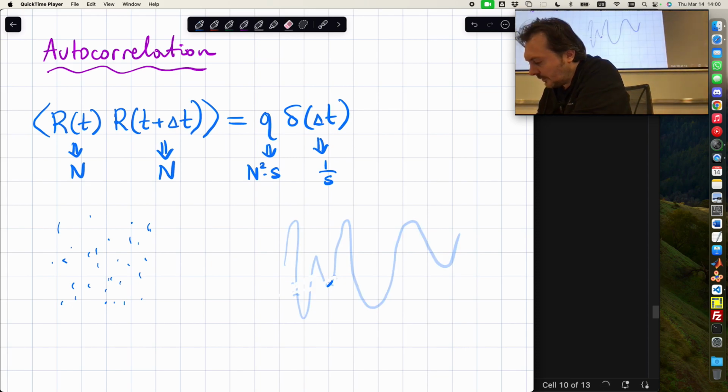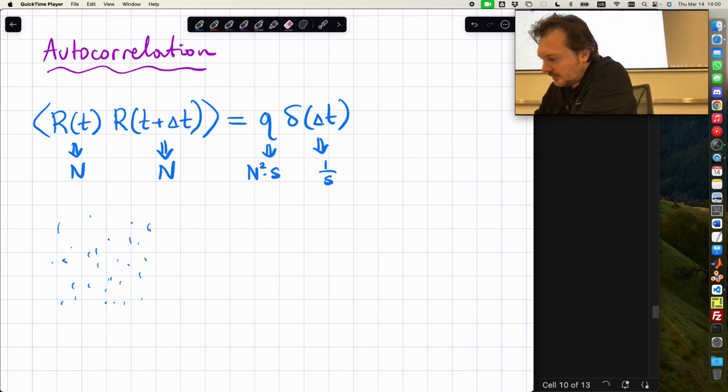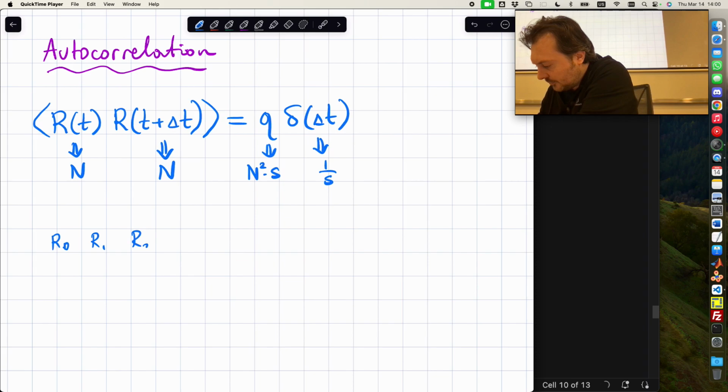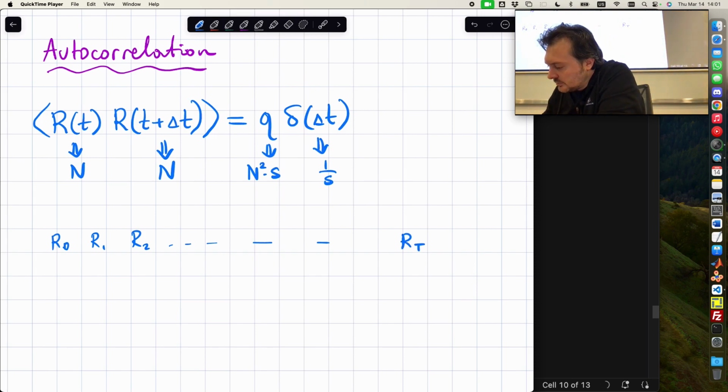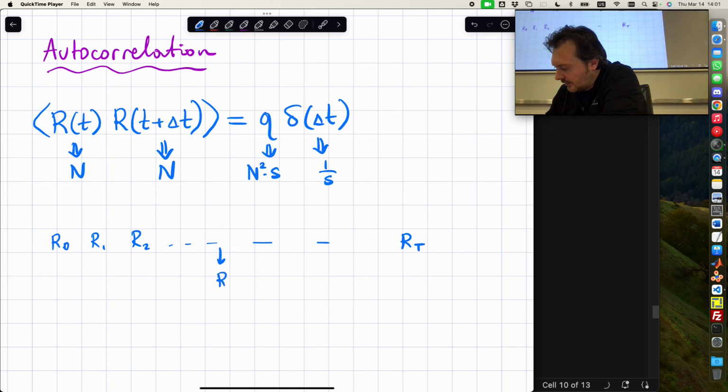So what I'm doing instead, let me not plot it at all. Let me just take this as R0, R1, R2, and so on, going to many, many numbers, up to RT. Then I land on one of them, let's say this is Rt.